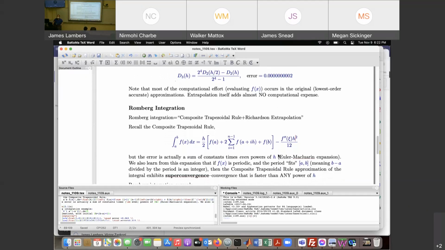So you can try canceling out the H to the 4th terms. Honestly, off the top of my head, I do not know what the rest of the error expansion looks like. I don't know if the same kind of analysis is performed as for the trapezoidal rule. But you can try to find out if you don't know.